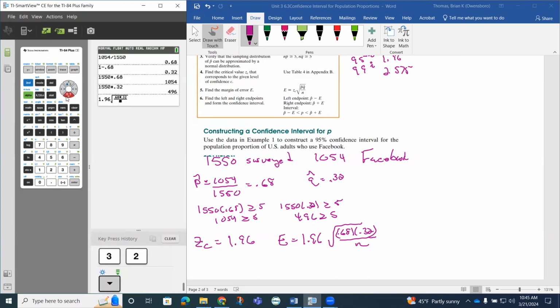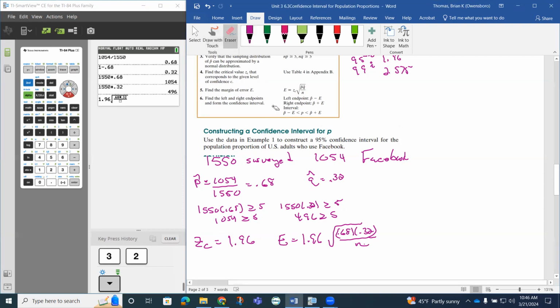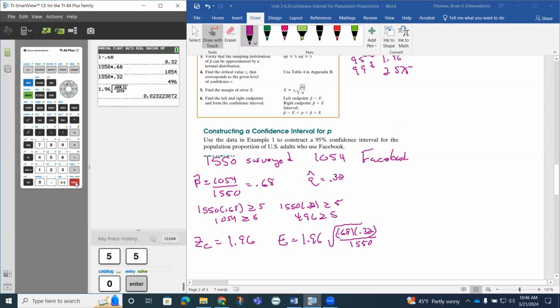And then on the bottom, I can divide that by the n, which I think was 1,550. If we put 1550 there, that gives me 0.032. A lot of times our margins of error have been rounded to 2 decimal places, so I'm not 100% sure, but we're going to round to 2 decimal places, so 0.02 there.